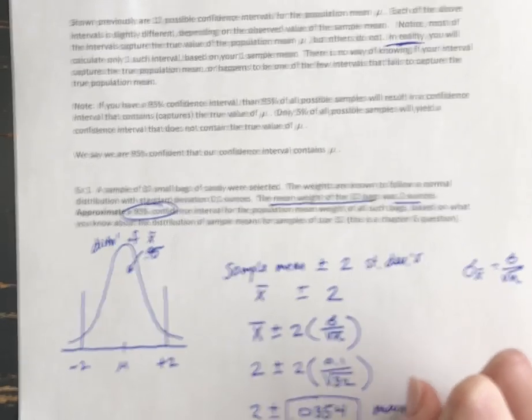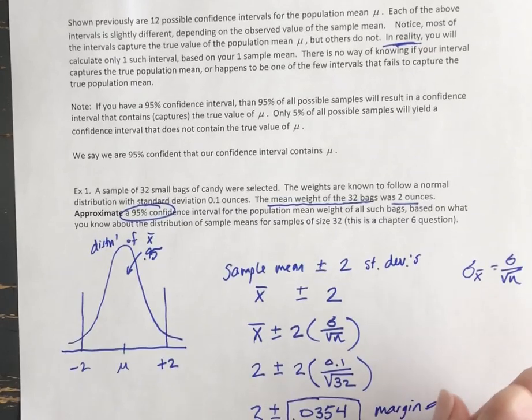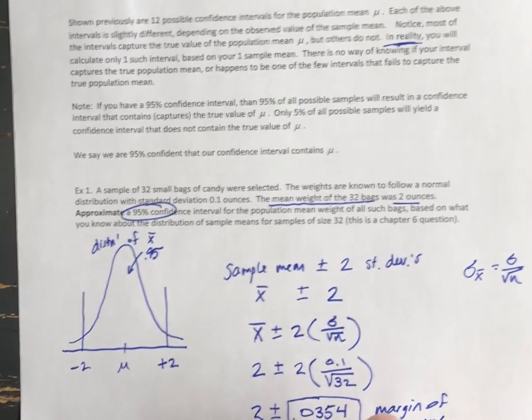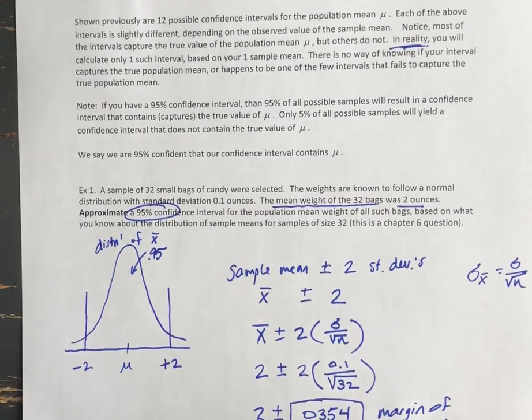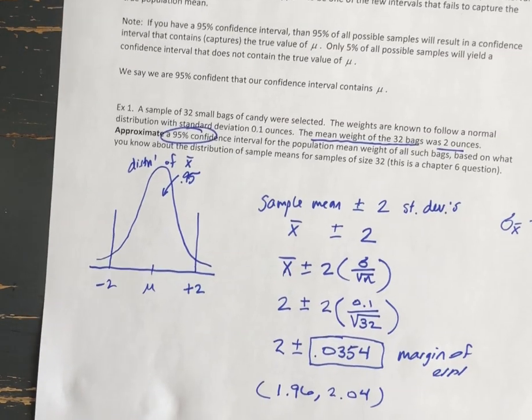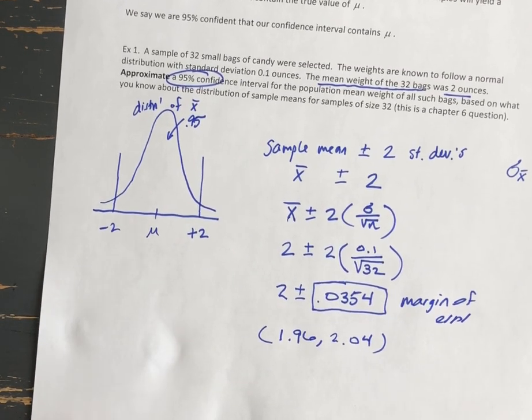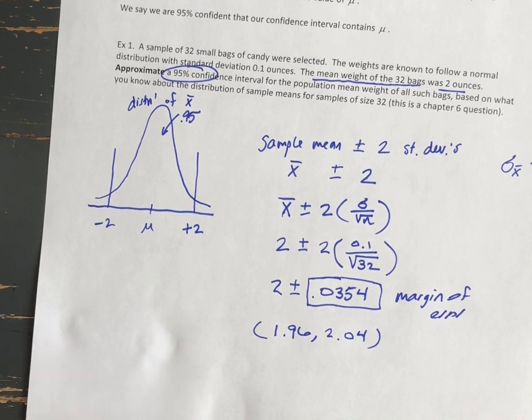And then what we're going to do is both add that margin of error to 2 and subtract that margin of error from 2, and that's going to give us our interval. So that puts us from about 1.96 to 2.04. I did some rounding there. And we could then, sorry guys, I didn't slide that paper up well enough.